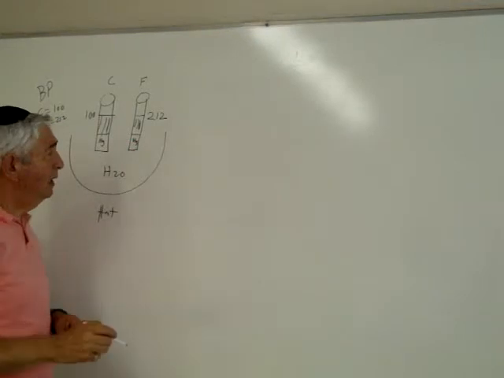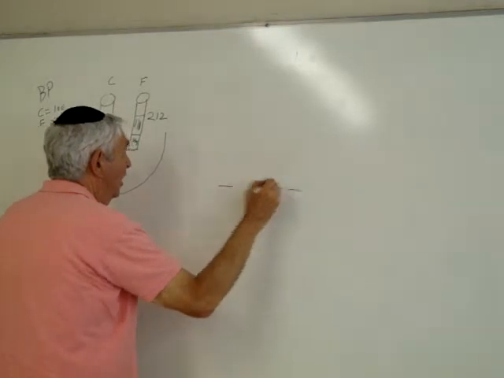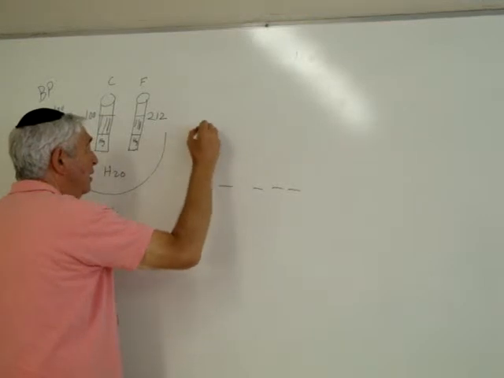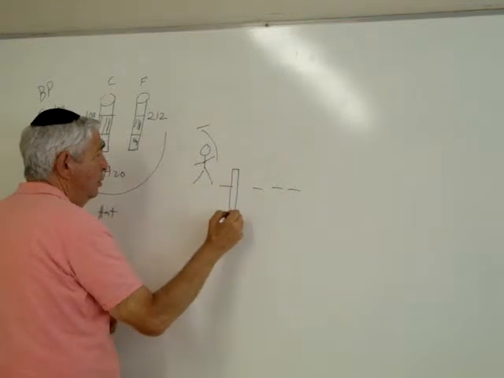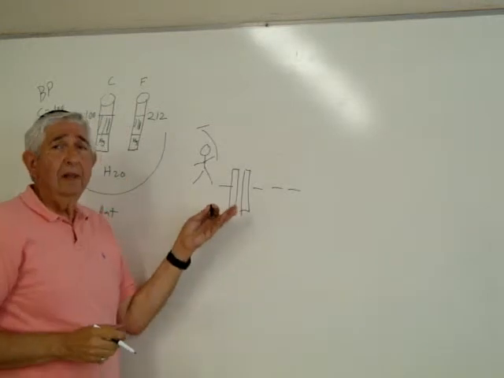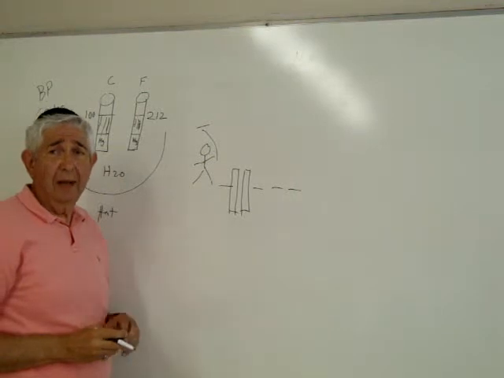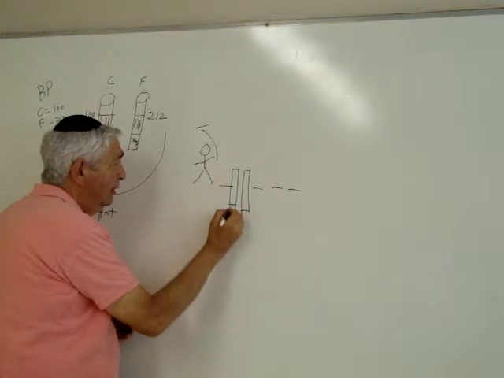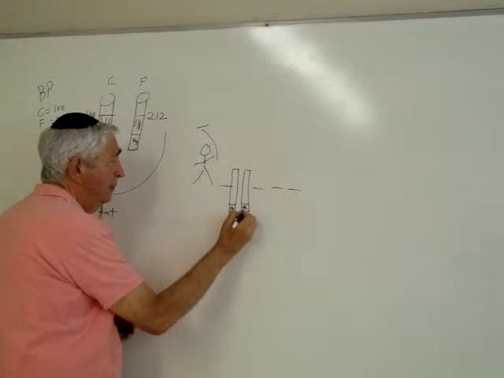Now, let's say that I want the freezing point of water. And so let's say I wait till there's ice and I go out on the ice and I've got a pick. I chop a hole in the ice and I put these two tubes into the water. So the water is cold, and so heat is going to flow out of the thermometers into the water, and the level of mercury is going to be down here in tube 1, and in tube 2 it's the same.